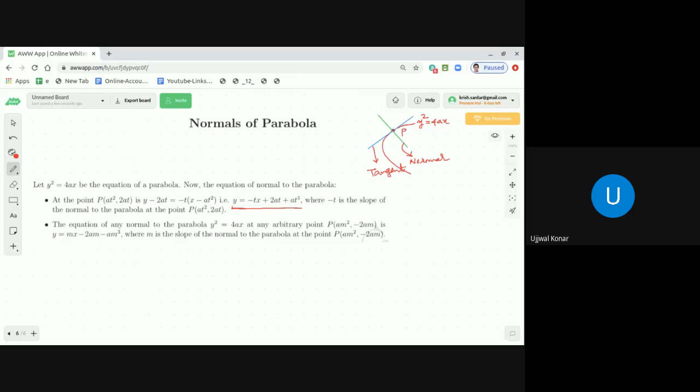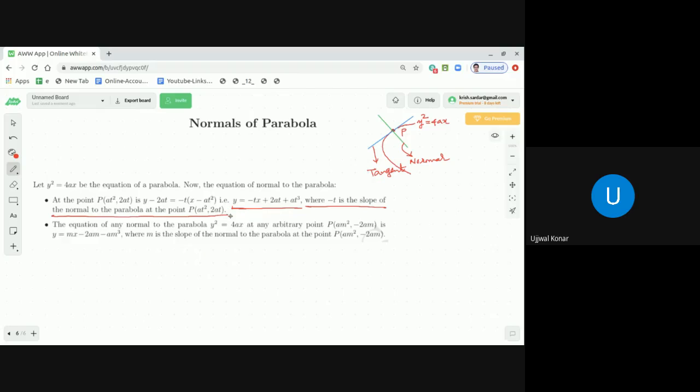Now if the slope of the tangent at the point P is 1 by t, then definitely the slope of the normal should be minus t, so that 1 by t into minus t becomes -1. That is why minus t is the slope of the normal to the parabola at the point P.